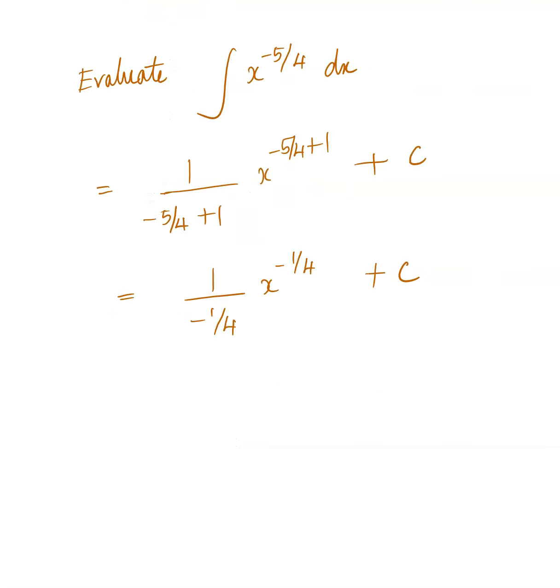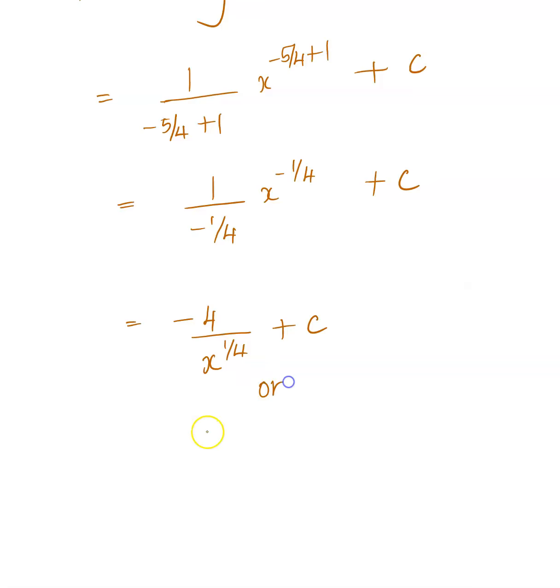The problem was not really difficult. It's a question of cleaning up your answer. So this 4 goes on top with a negative, and that x will come down. You can write it like this, or sometimes you could be asked to write it as the 4th root of x plus c.